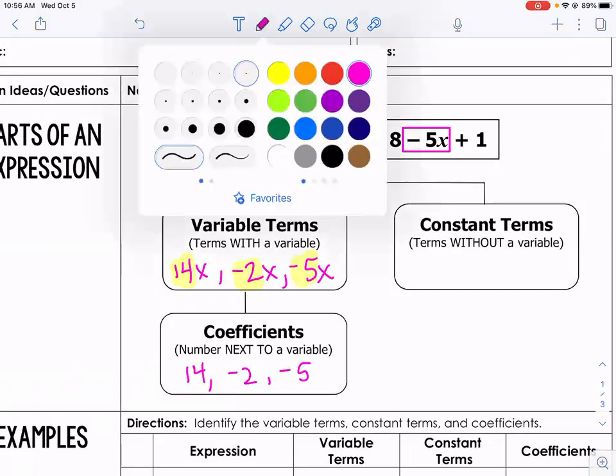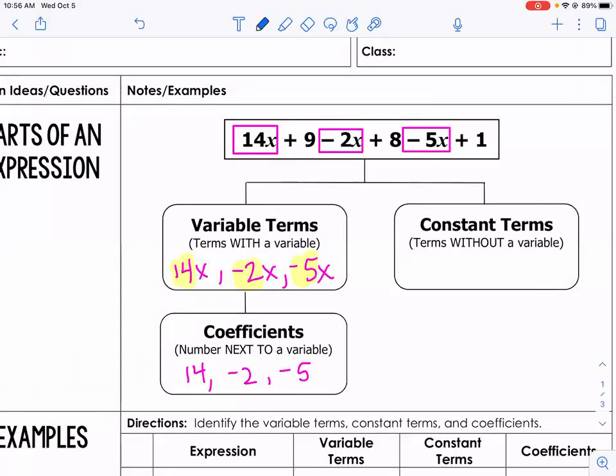Now, I'm going to put a circle around our constant terms. 9, 8, and 1 are our constant terms.